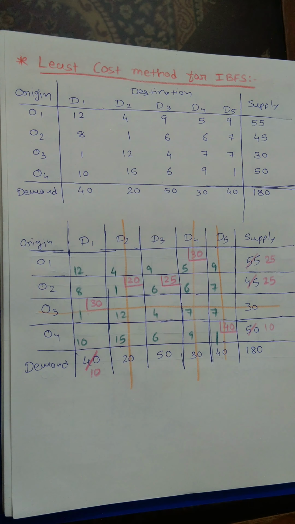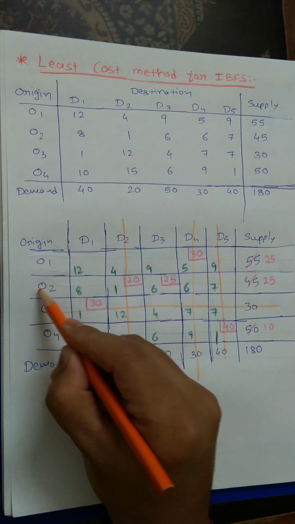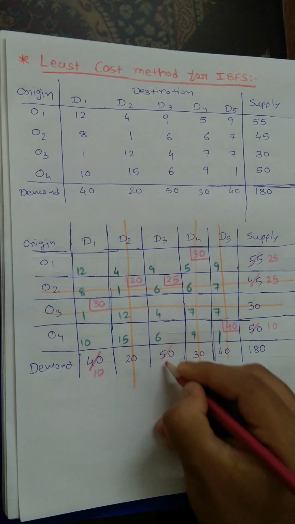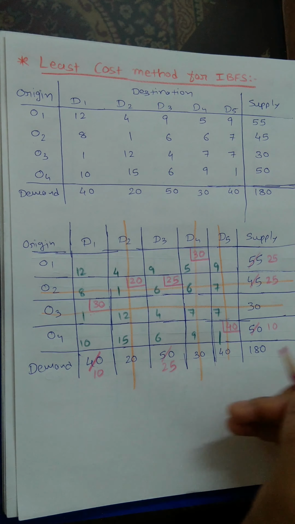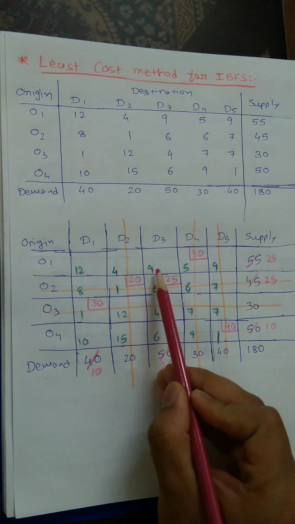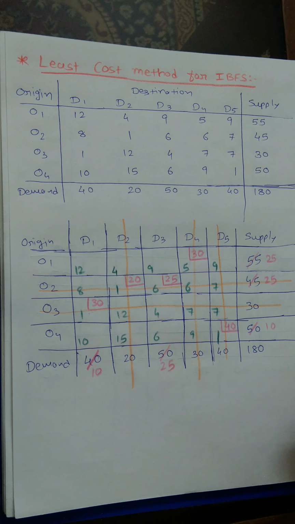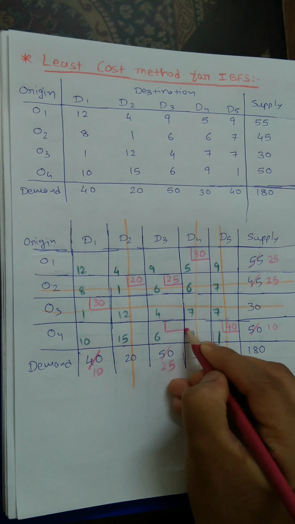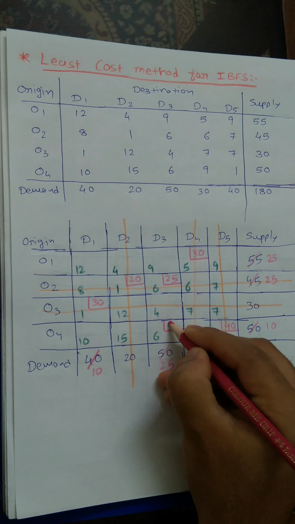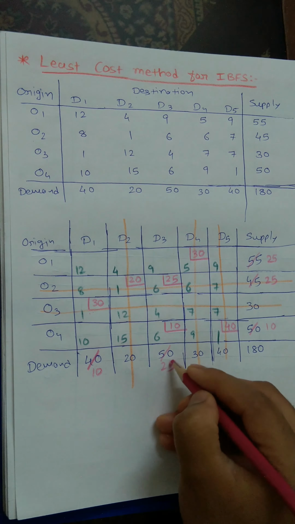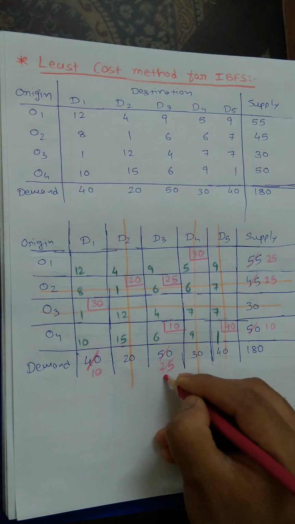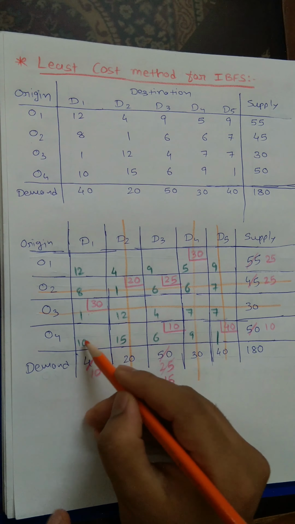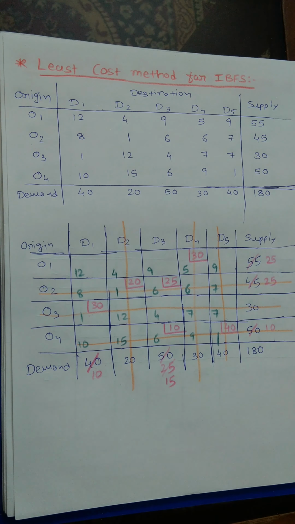So the O2 row will be cancelled and the remaining demand at D3 will be 50 minus 25 equal to 25. Now again check for the least cost, that is 6, and the allocation will be for 10 units. So the O4 row will be eliminated and the remaining demand at D3 will be 25 minus 10 equal to 15.